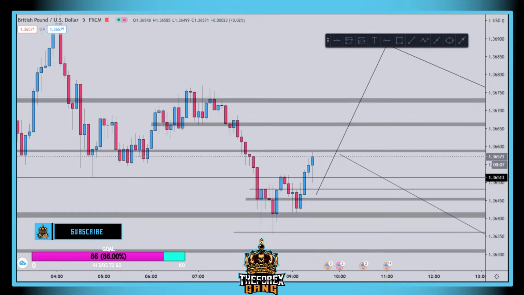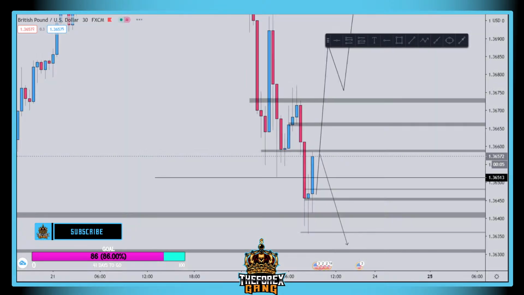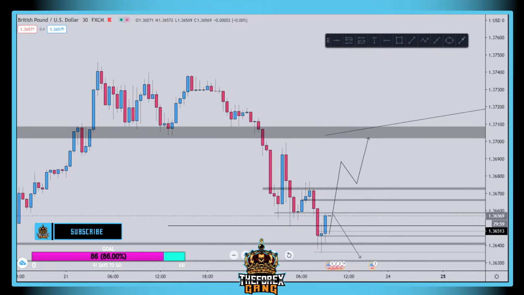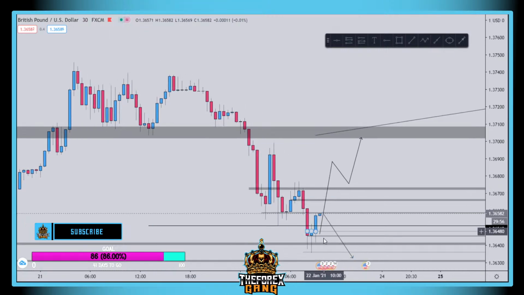On the 30-minute, why don't you wait for a resistance to be formed here and bring it down? Go with the trend. But we talked about this, that this could change direction right now because it's New York. It could go up, then we take buys, but here it could reject.